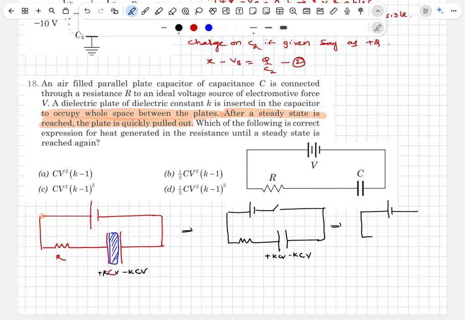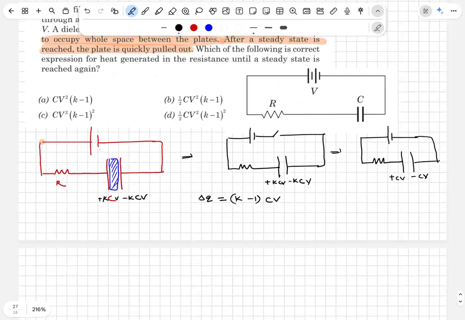After reaching steady state, the charge on the capacitor becomes plus CV, minus CV. What happened actually over here? There is a certain charge transferred, delta Q, given by (K minus 1) times CV.